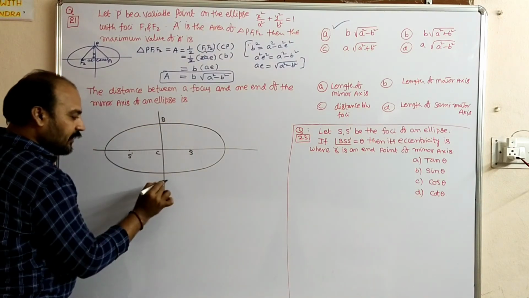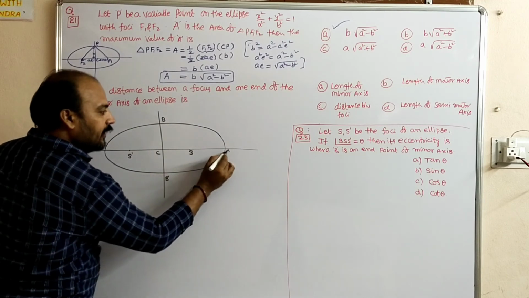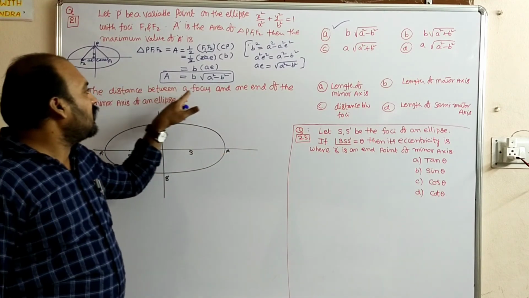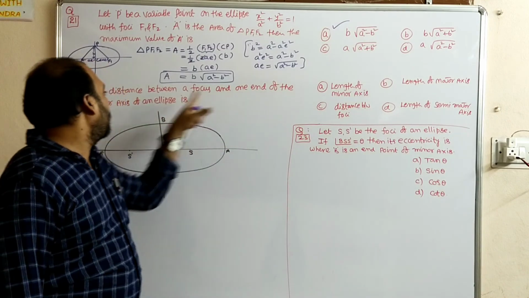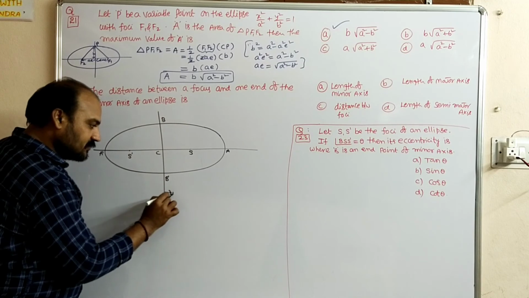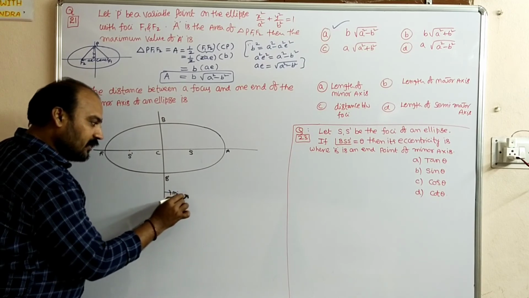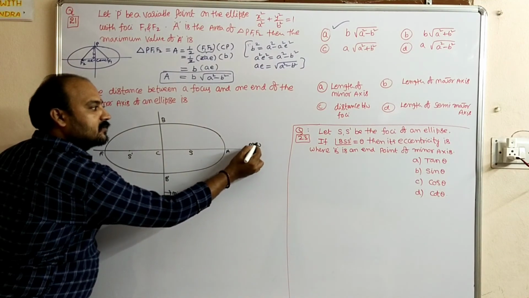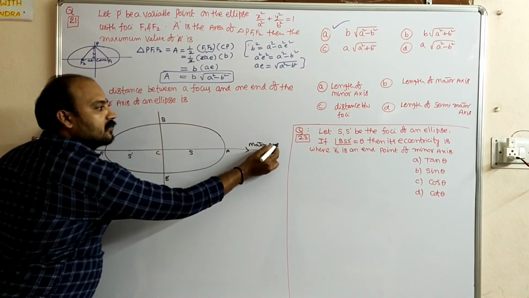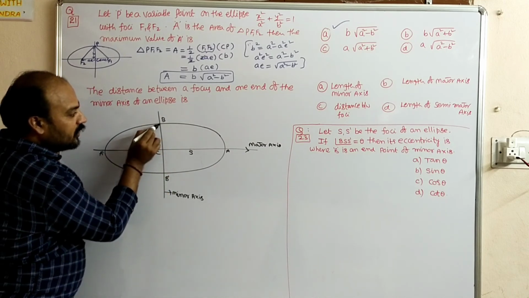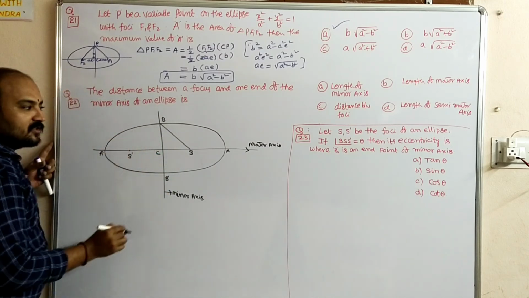Here B, B dash, A dash. According to the question, the distance between a focus and one end of the minor axis, B dash. This is the minor axis, and this is the major axis. So the distance from the focus to one end of the minor axis, SB, they are asking.